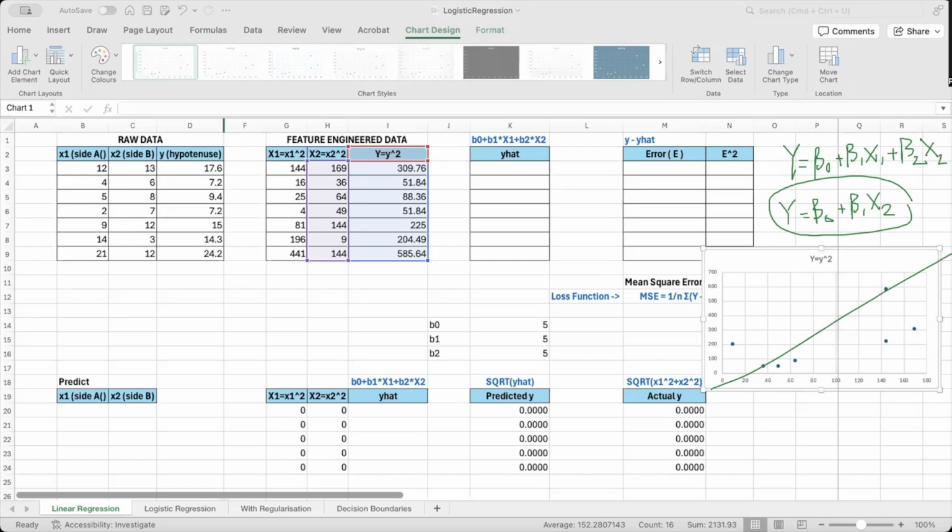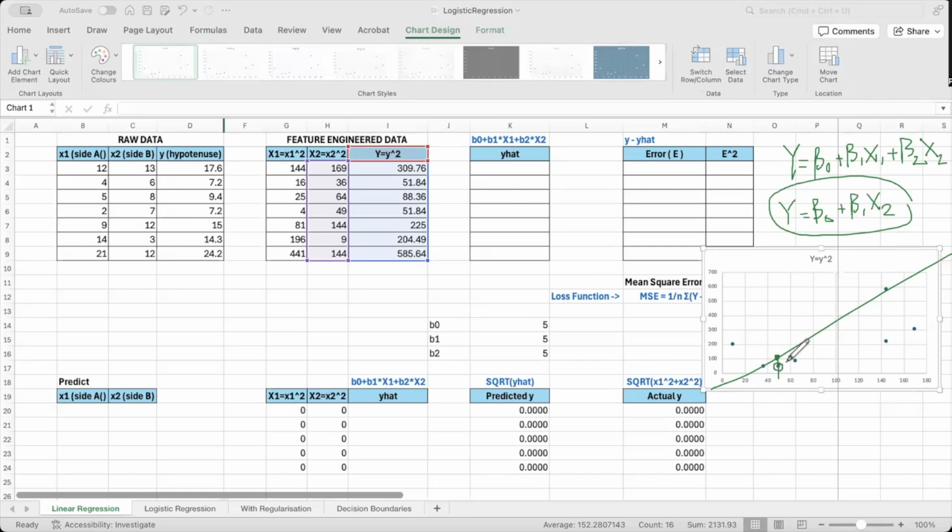After we draw this arbitrary line, what we will do is that we will find the difference. So for this value of X2, this is the predicted value of Y. However, the actual value of Y is here. So there is a difference.